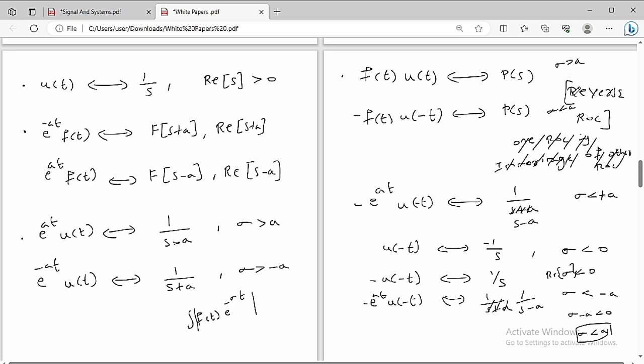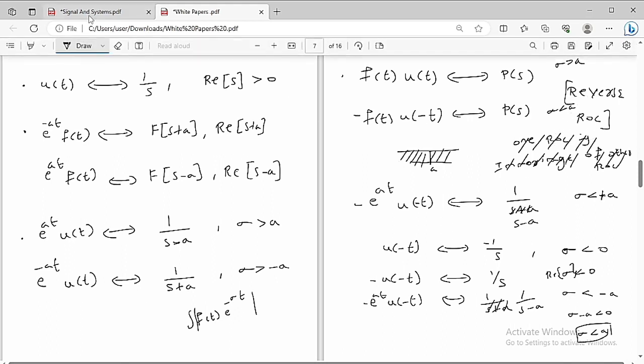If one is greater than A, the other is lesser than A only, not the mirror image. So in both cases it is plus A. Reverse ROC means that if sigma greater than A is one ROC, the other ROC will be in this fashion. So this is a reverse ROC only, not the mirror image ROC.